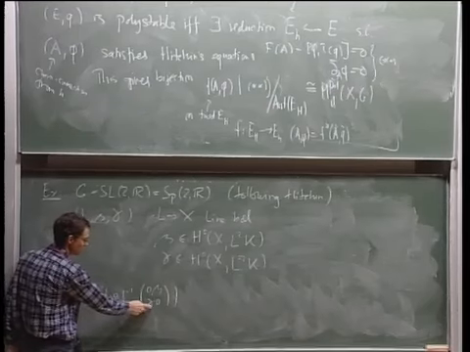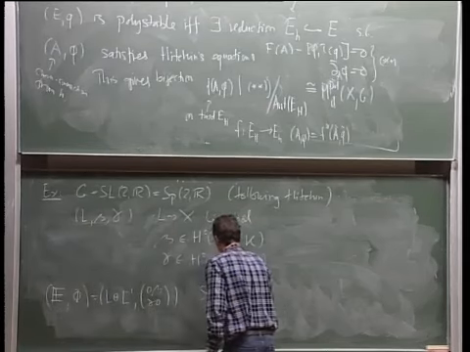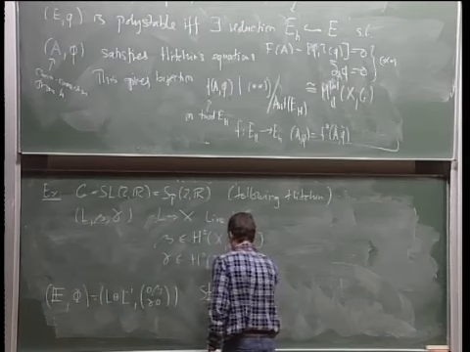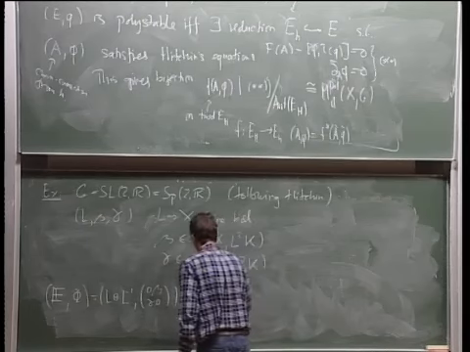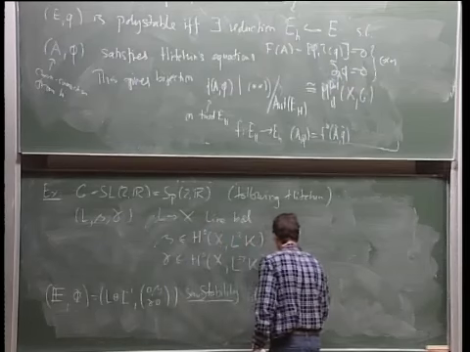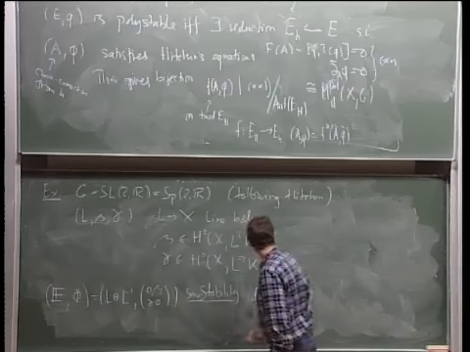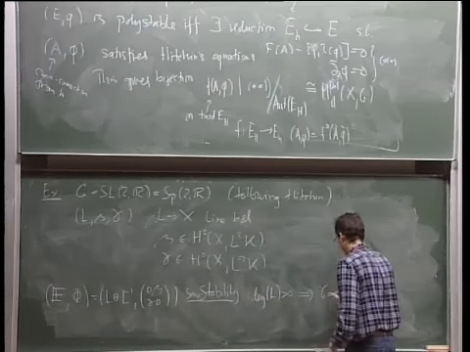So that means that this gamma here has to be non-zero. Stability, or even just semistability: if the degree of L is strictly positive, then it can't be invariant under this big Higgs field.